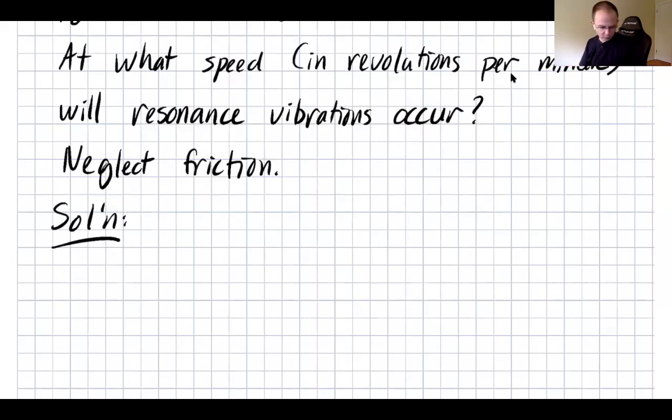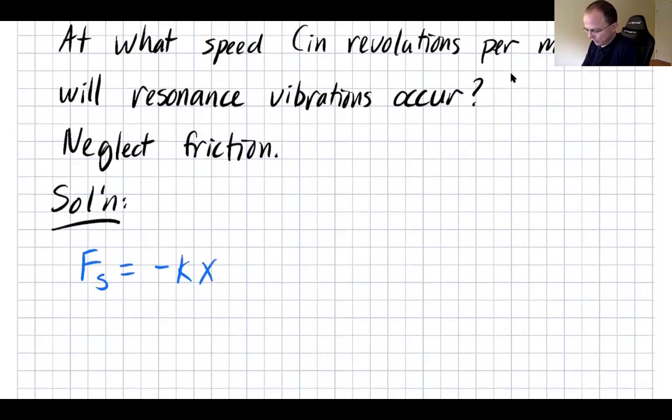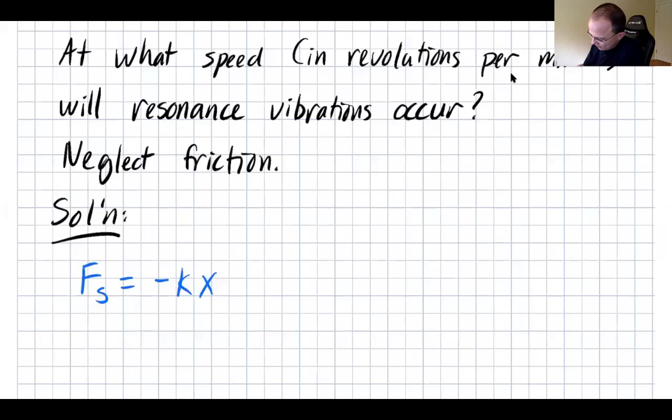All right, so we have to use the information we're given to determine the spring coefficient. What is the spring coefficient? The force that's given by the spring is equal to minus k times the displacement, and then we can figure out what this k is.